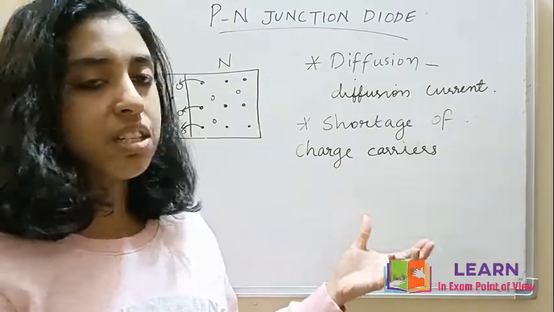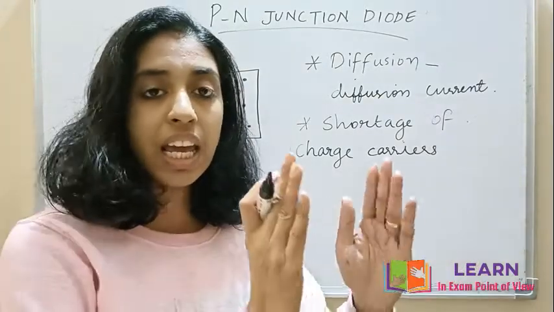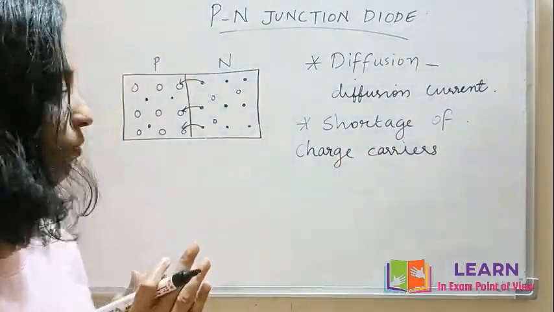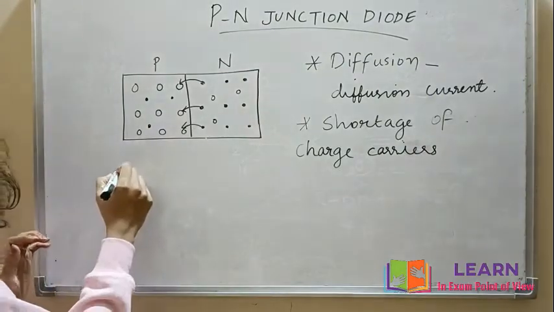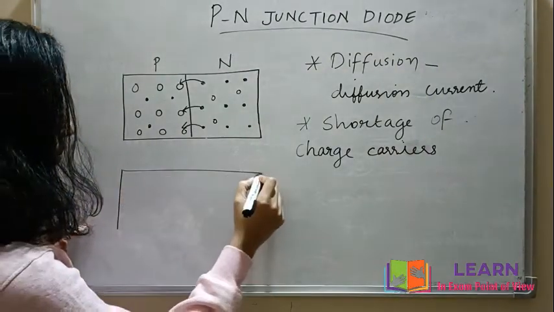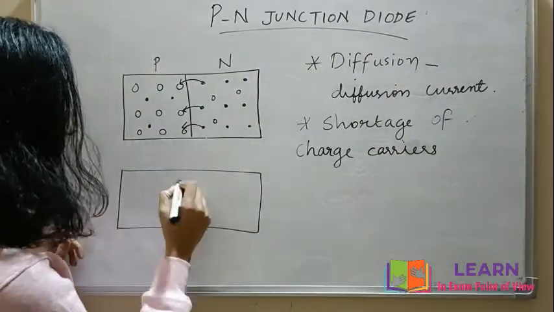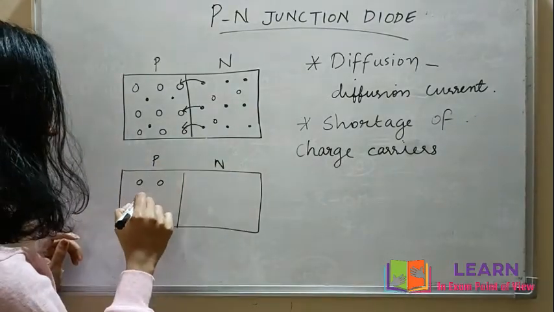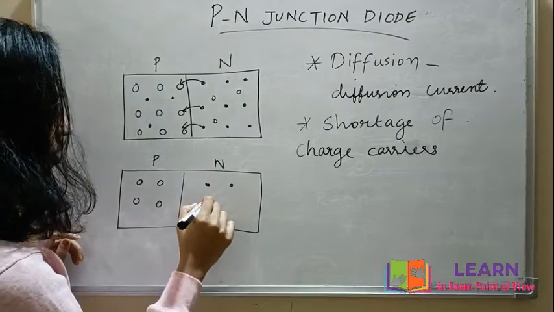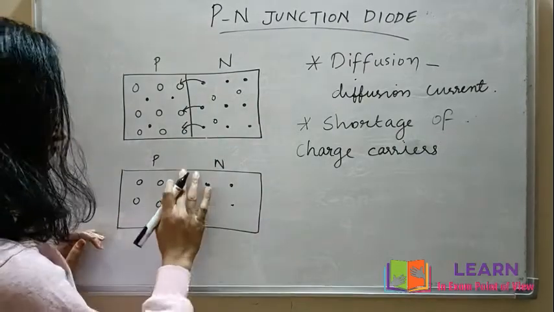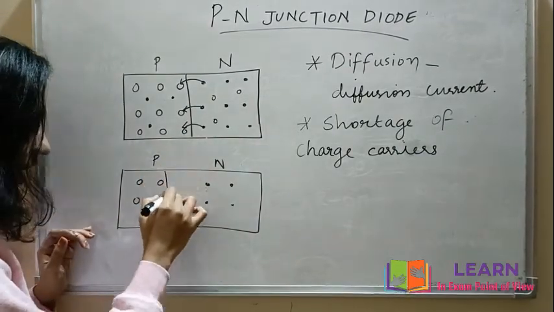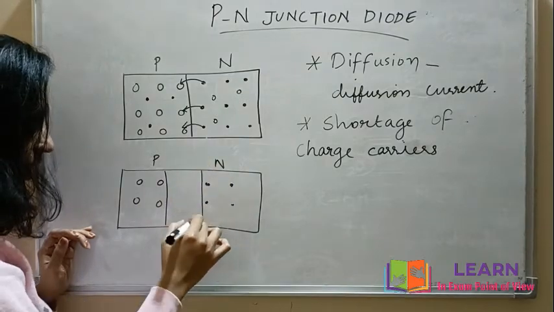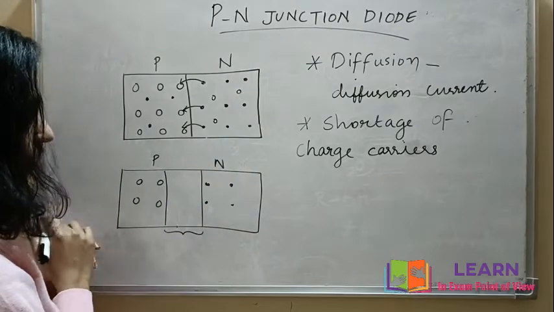Due to this shortage, a layer will form in between. In the next step I will draw and show what will happen in the PN junction diode. Here P, here N, here holes, here electrons. After diffusion, a layer will be created here due to the shortage of electrons.